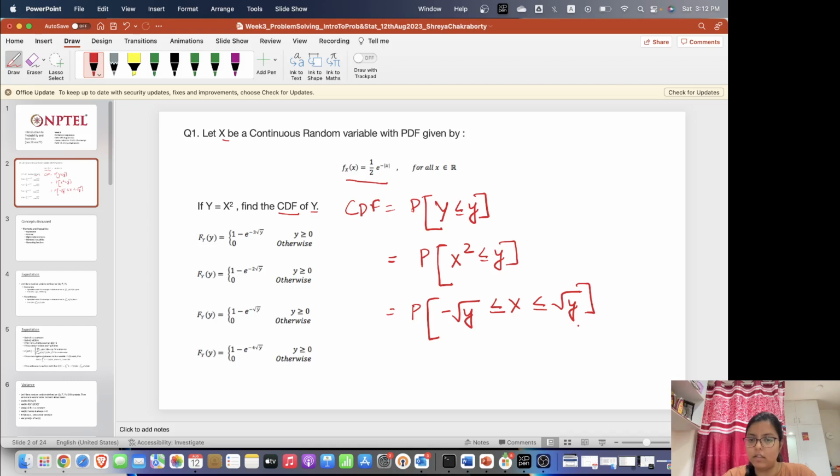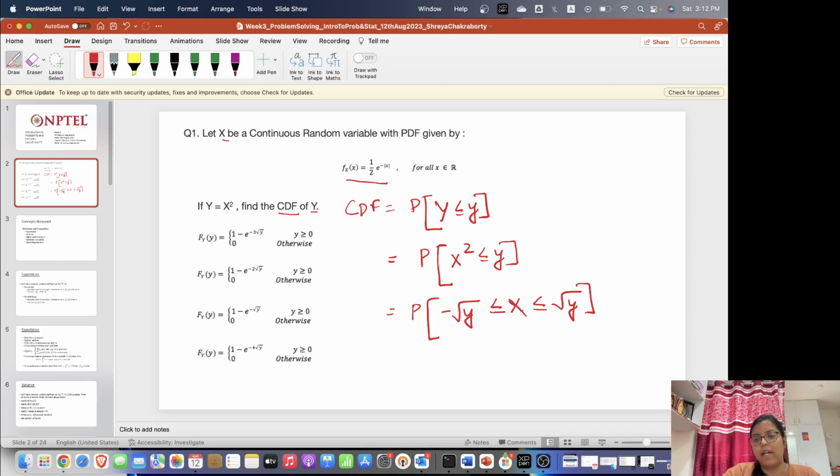Is it okay? Any doubt here? Hopefully not. Okay, so then the CDF we have written in terms of x.